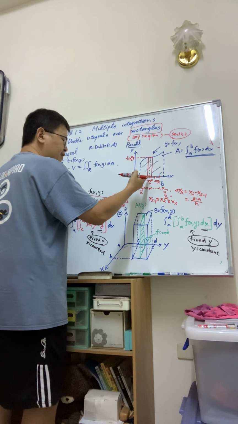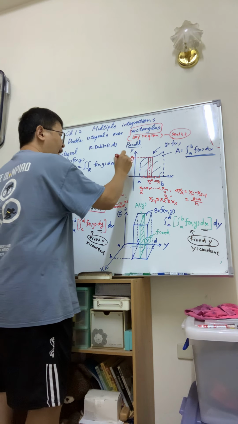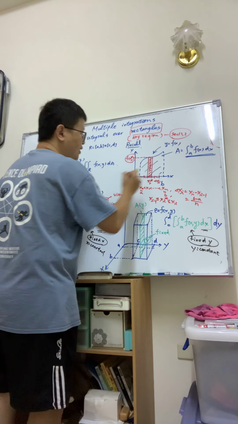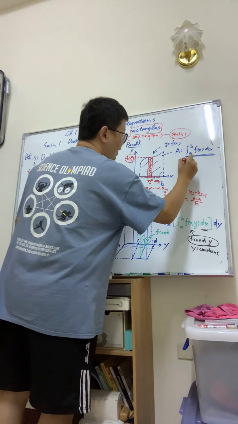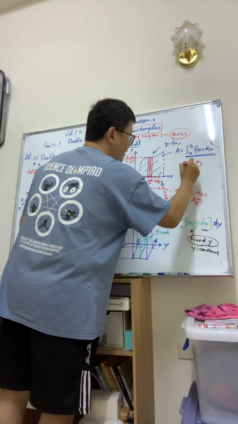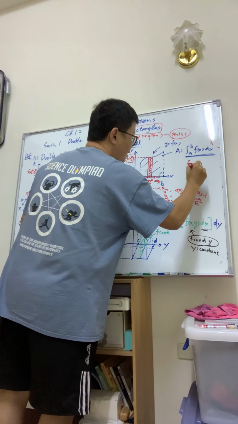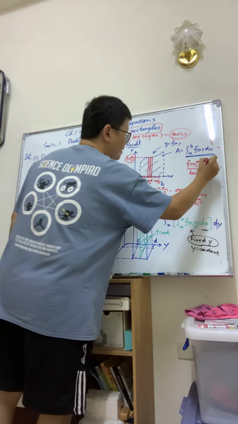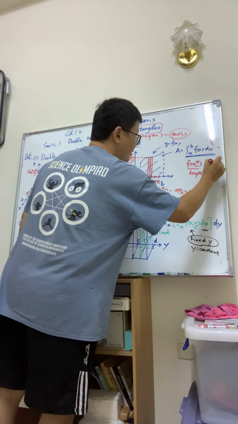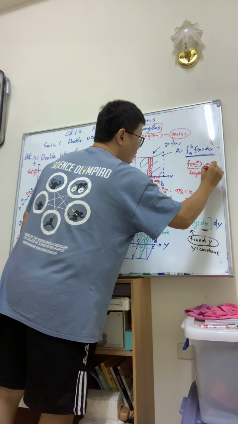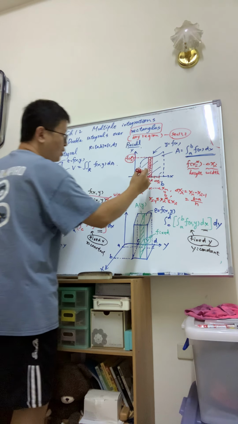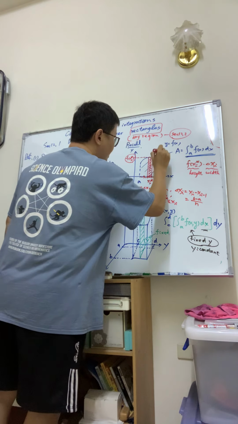And for the sample point, we consider its height f of xi star, and it's the height of this rectangle. So we have f of xi star, the height of the rectangle, and for the rectangle we have the height and we have the width. But actually we divide it into n subintervals, so we have n rectangles.